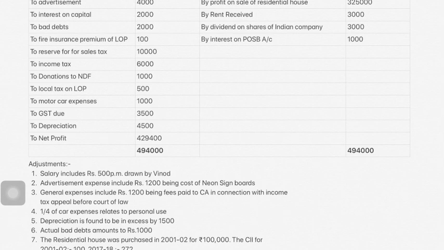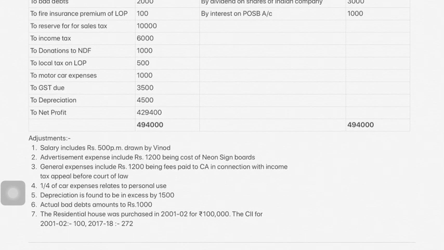Next. General expense includes rupees 1200 being fees paid to CA in connection with income tax appeal before court of law. This is an expense which is allowed.